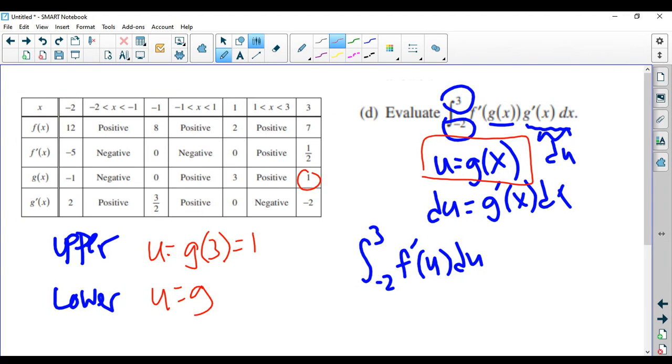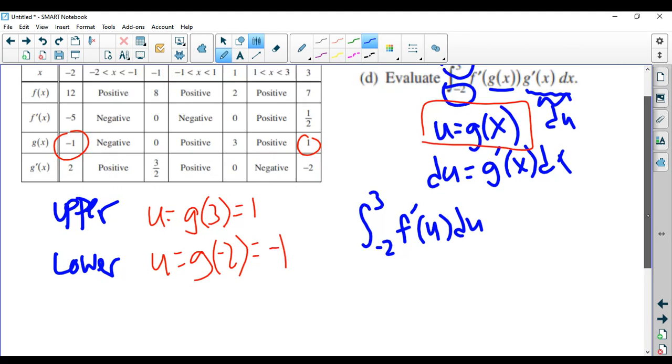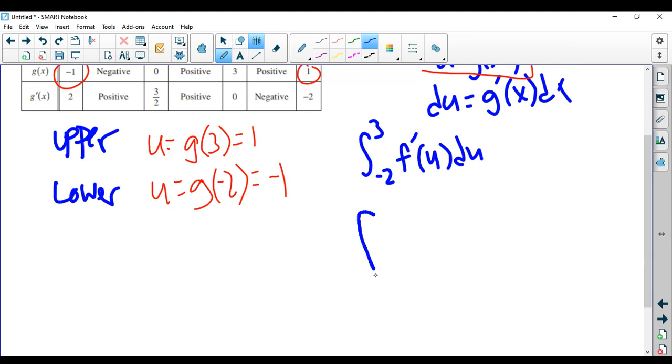U is g of -2, and g of -2 is -1. So we're going to write this integral now as the integral from -1 to 1 of f prime of u du.